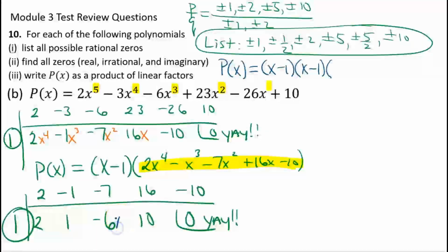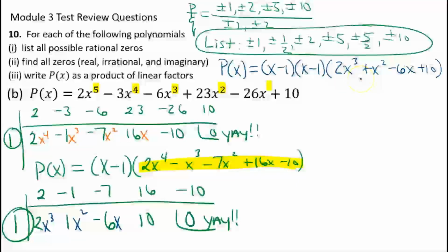Constant. X squared, X to the third. There we go. So that's 2X to the third plus X squared minus 6X plus 10.